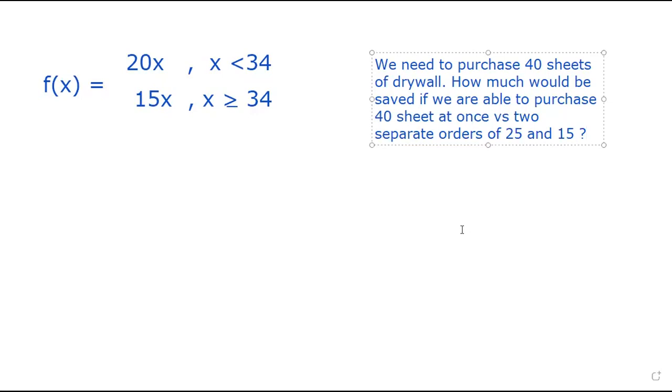So if we could purchase 40 sheets at once, or we can purchase 25 and 15, let's look at it.